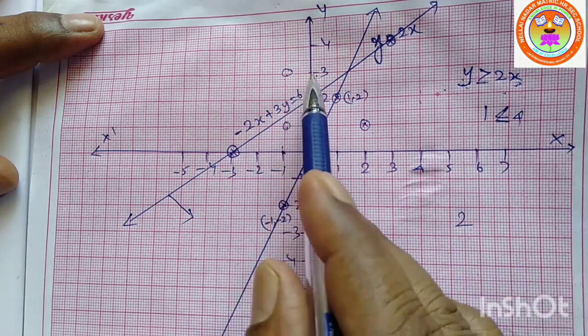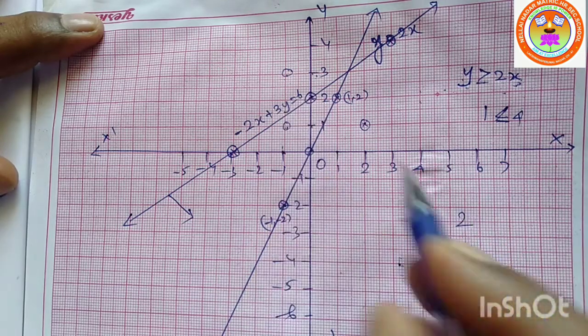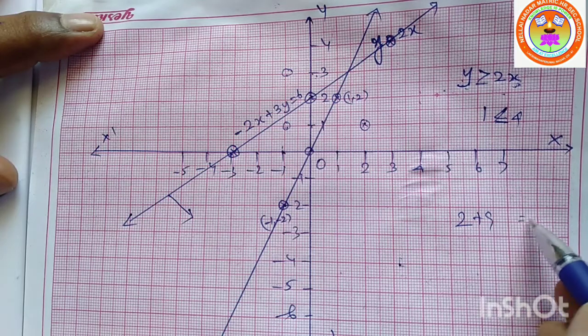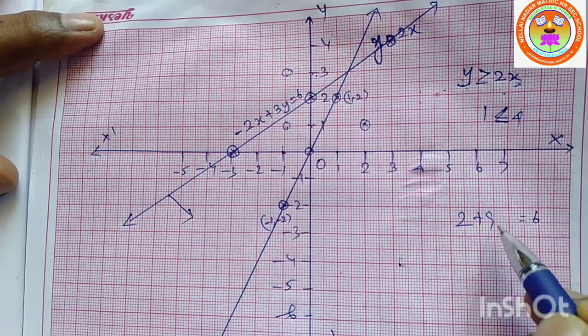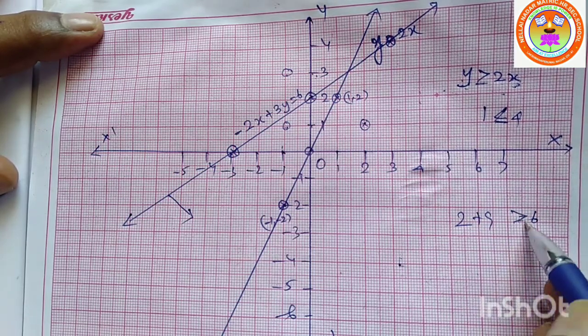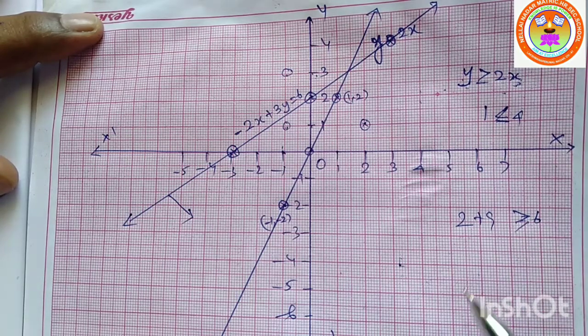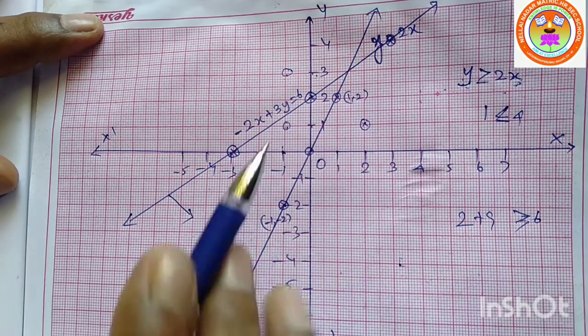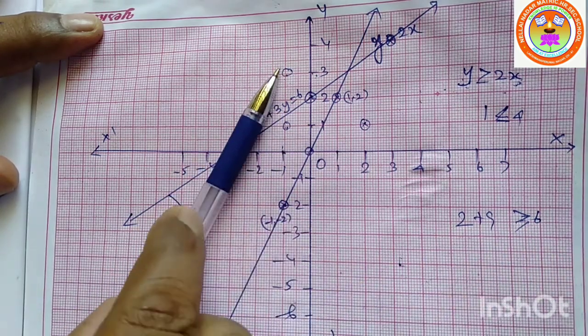Then y value is 3, 3 threes are 9. So plus 9, so 11. That side we have 6. But the inequality is less than, so this value is not satisfying.